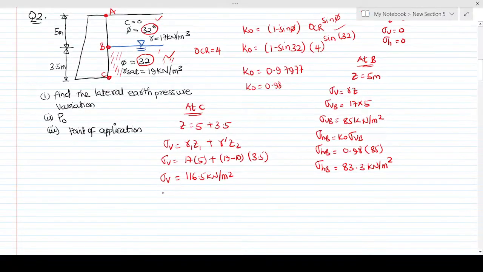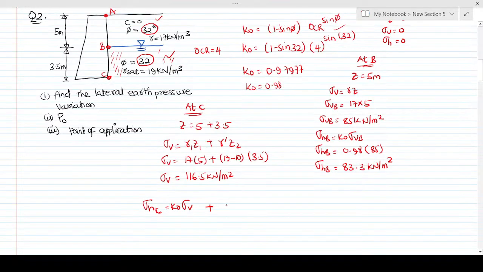Now with that in place, I can find my lateral. My lateral is going to be K naught and the vertical stress, right?